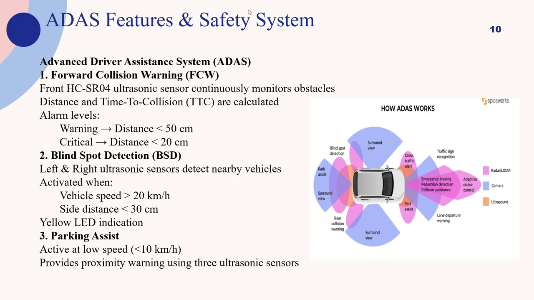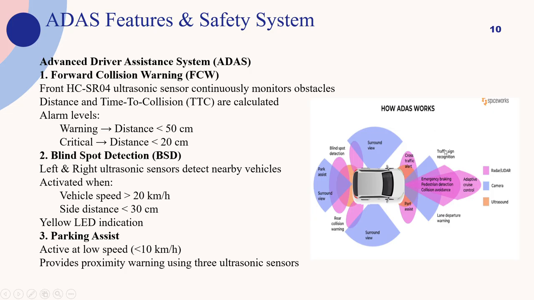Next, blind spot detection. Left and right ultrasonic sensors detect nearby vehicles, left and right. Here you can see left and right surround views. Forward views show cross traffic alert, park assist, traffic sign recognition, lane departure warning, emergency braking, pedestrian detection, collision avoidance.